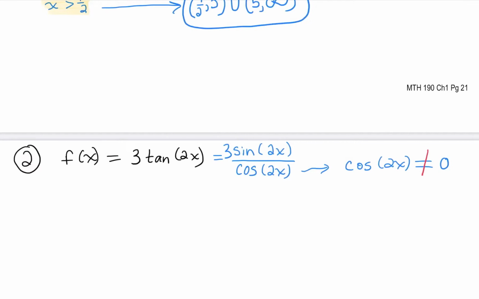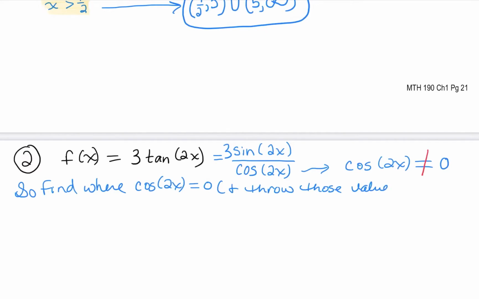So we have to figure out all the x values that would make cosine 0. Let's think about that here. Let's go off to the side, and first find where cosine of 2x is equal to 0, and then of course we will throw those values out of our continuous intervals.